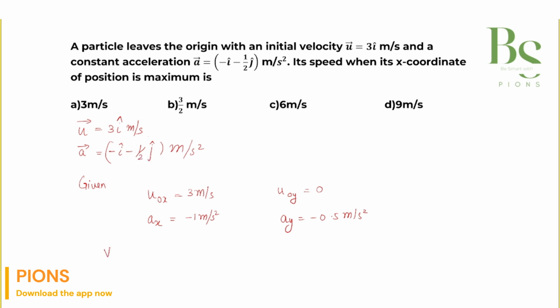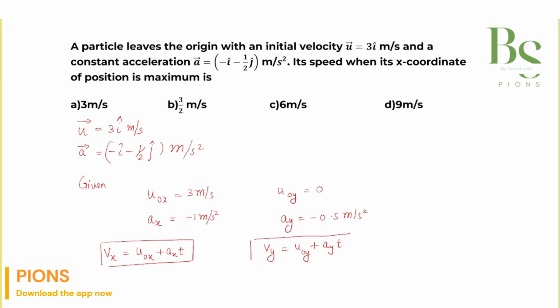Now, final velocity will be Vx equal to ux plus axt. We will make use of this formula. And Vy we will write as uy plus ayt. Or you can modify it according to the data given here, u0x and u0y.